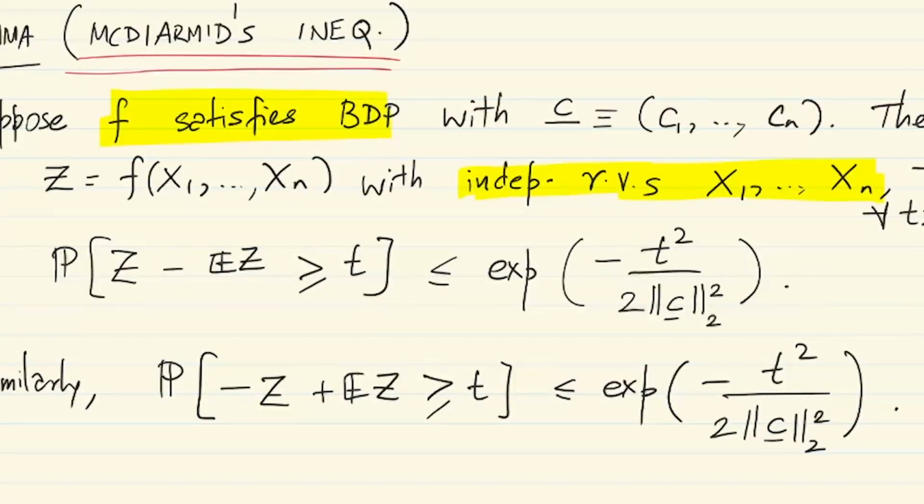This is again an exponential concentration, a sub-Gaussian concentration type result, but for random variables Z that can depend in a pretty complicated way on independent random variables x1 through xn. And in some sense this is one instantiation of Talagrand's principle that we pointed out in the first lecture.